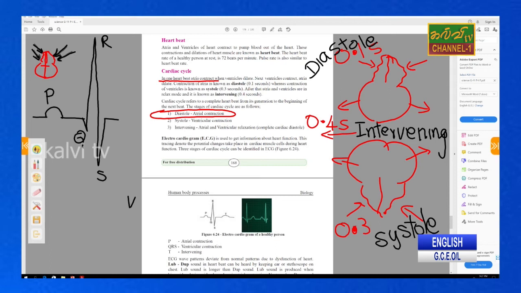QRS is ventricular contraction. The ventricular has the thickest muscles. We can remember that the ventricular is the below part of the chamber.